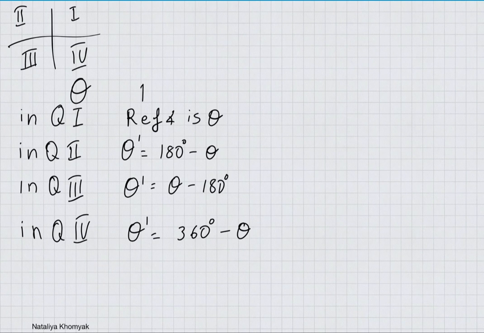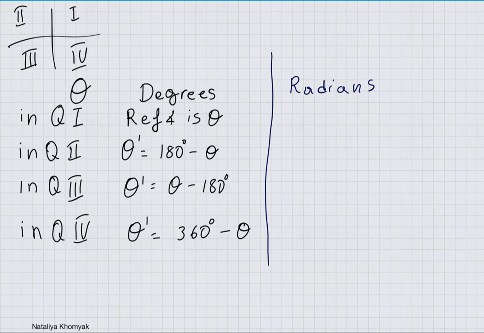These are the formulas for degrees, which are pretty easy to do by drawing the reference angle, but you can apply this method to finding the reference angle in radians. The reference angle in the first quadrant is equal to the angle itself. The reference angle in the second quadrant is pi minus the angle. Pi radians is equal to 180 degrees, so the method is still the same.